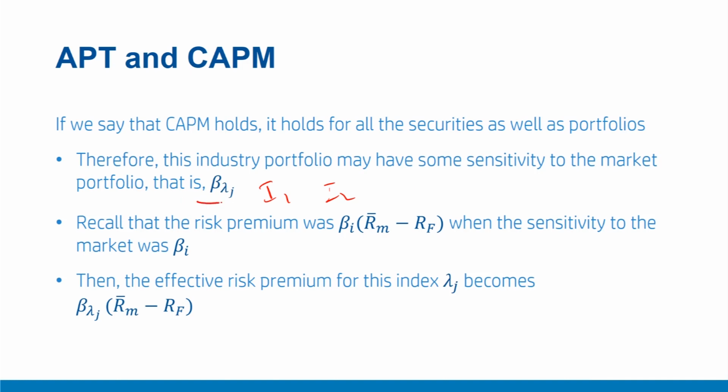Let's call this sensitivity beta lambda j. If you remember, the risk premium in simple CAPM was beta i times Rm bar minus Rf, when the sensitivity to the market was beta i. So in this case, where the sensitivity is beta lambda j, the risk premium lambda j can be written as beta lambda j into Rm bar minus Rf. The assumption here is that the industry portfolios like I1, I2 are also sensitive to the market.